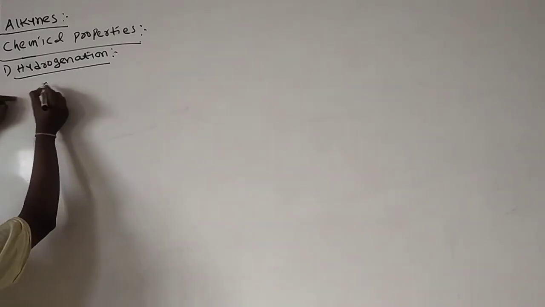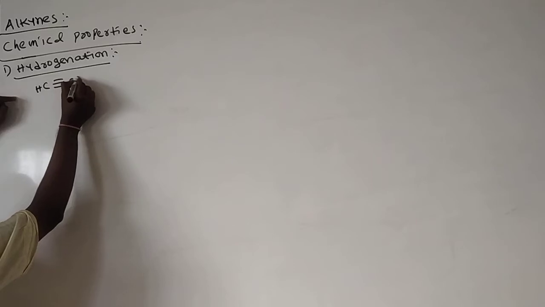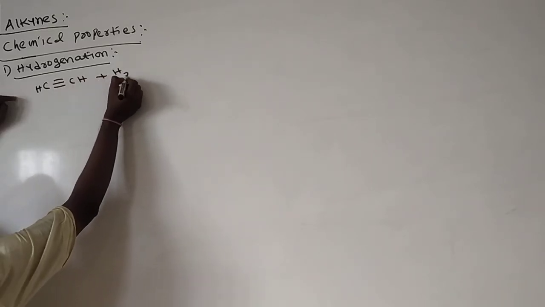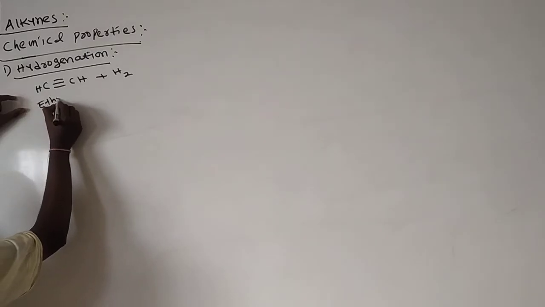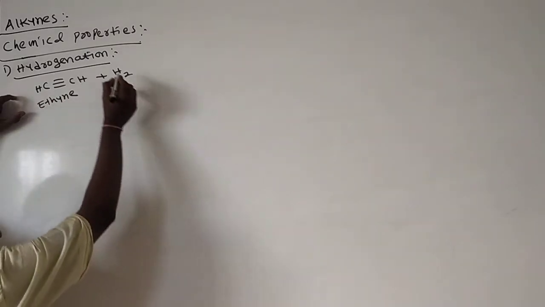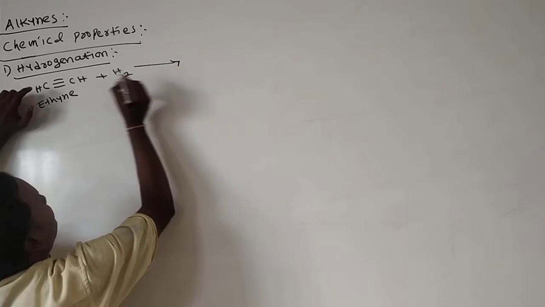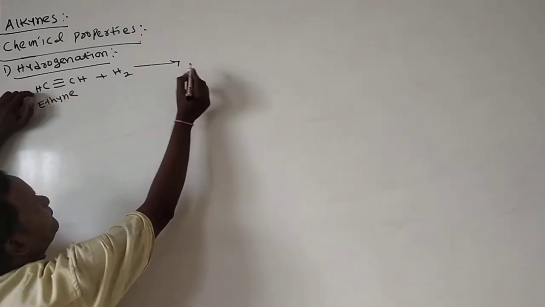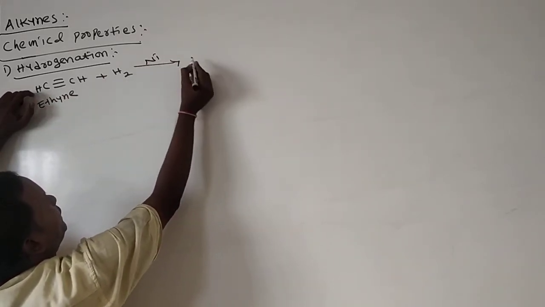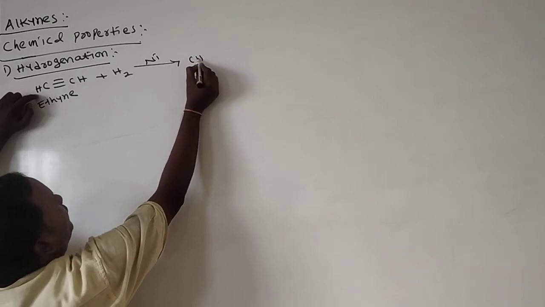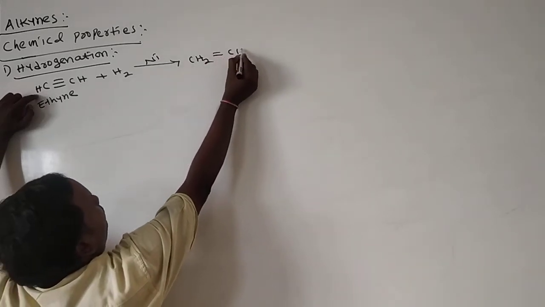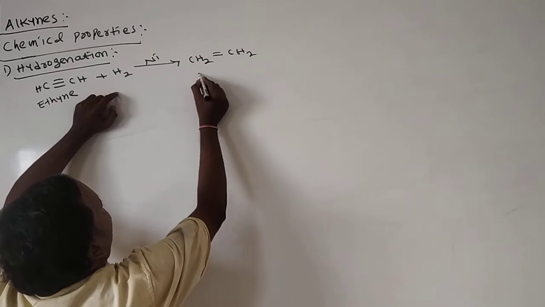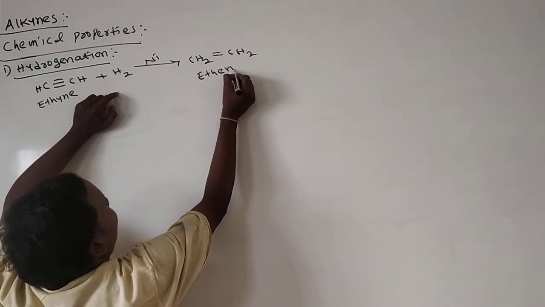Hydrogenation is nothing but addition of hydrogen. You take any alkyne and add hydrogen. This is ethyne. Addition with hydrogen in the presence of nickel: add one hydrogen here, one hydrogen here, and it forms ethene.